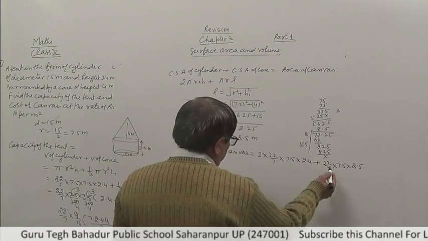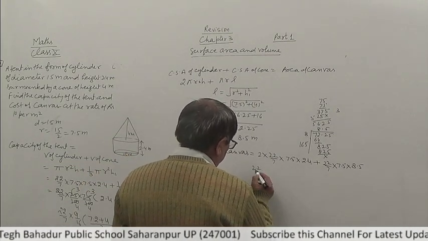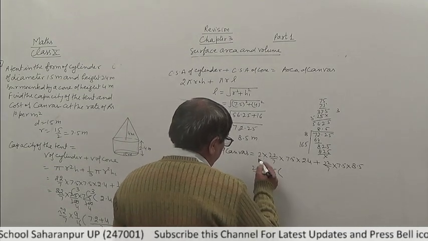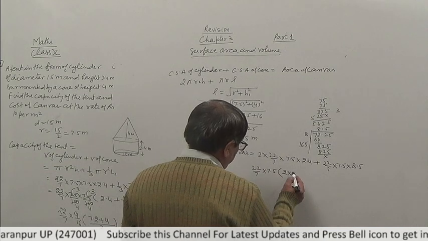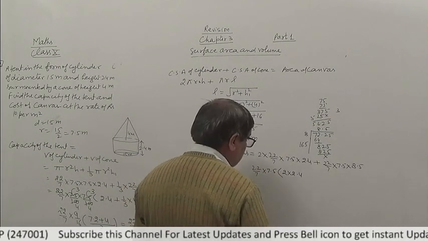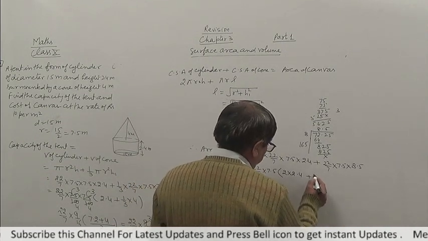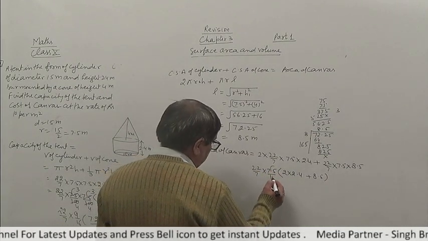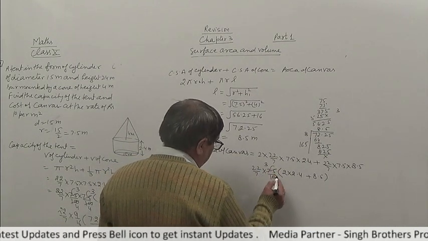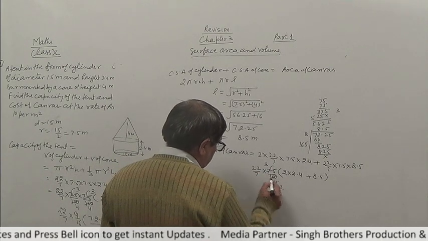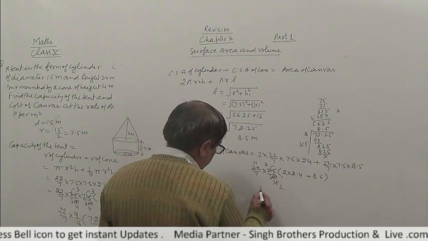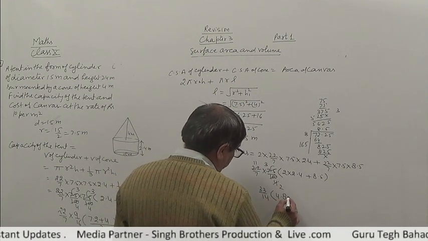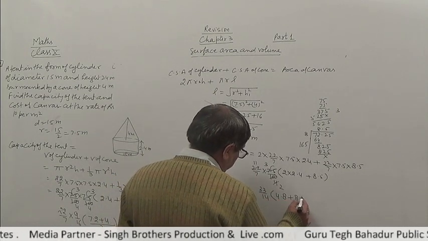Now take the common of it, 22 upon 7 into 7.5. So here will be 2 into 2.4 plus 8.5. Remove this decimal, put the 100, 25 3s, 25 4s, 2 2s, 2 11s, 33 upon 14, 4.8 plus 8.5.